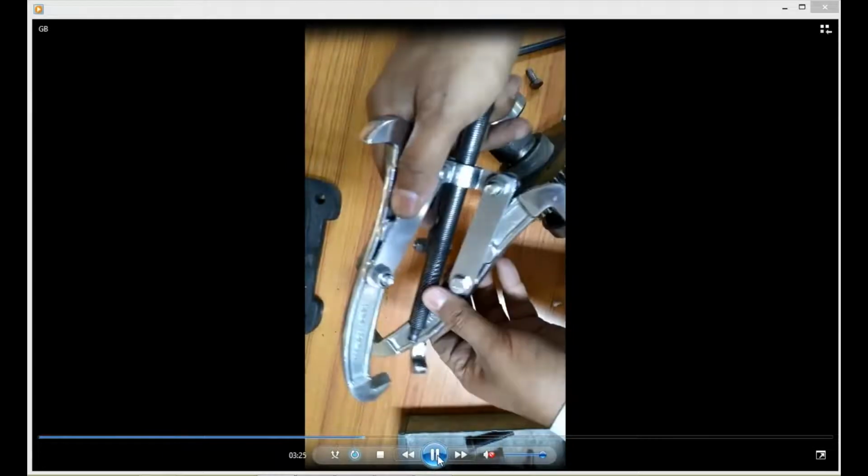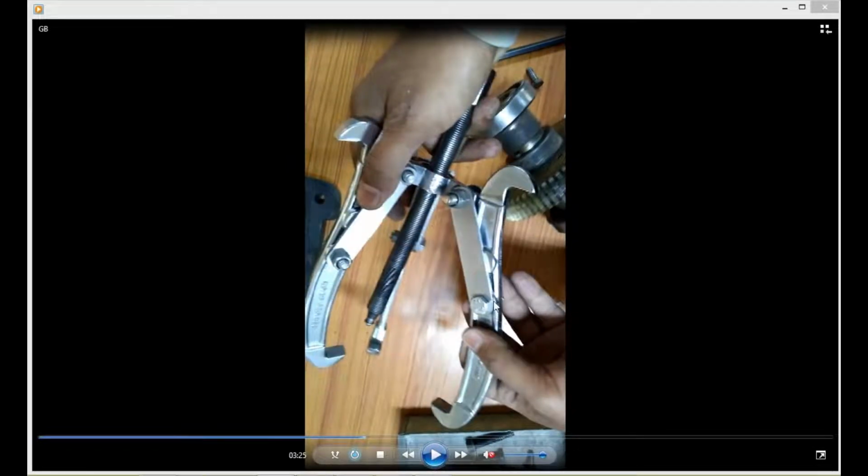Then the next step is how to remove the bearing. Here you can use the bearing puller. These are the 3 legs, leg 1, leg 2, leg 3. These 3 legs are fixed at the end of the bearing surfaces, and the center bolt is fixed at the center of the shaft.